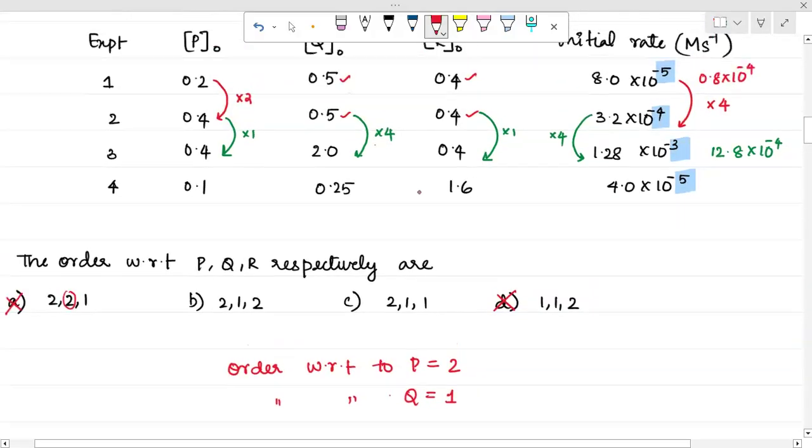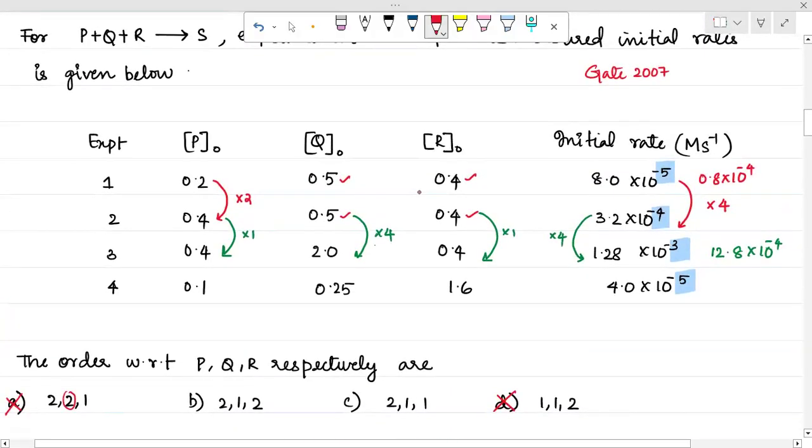Now there are 2 options left and you have to find the order with respect to R. Now the problem is, if you look at R, you cannot find a reaction where R is changing and P or Q are kept constant.